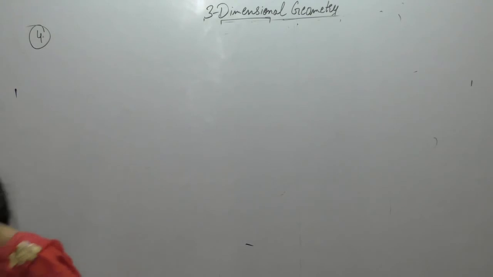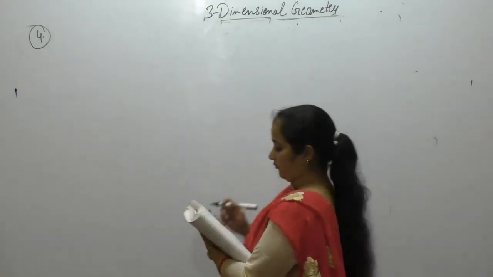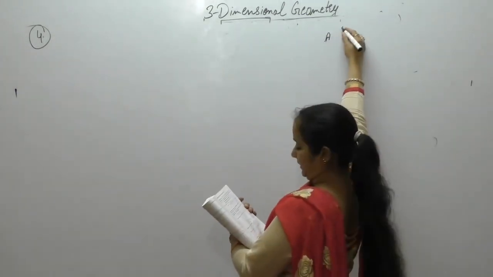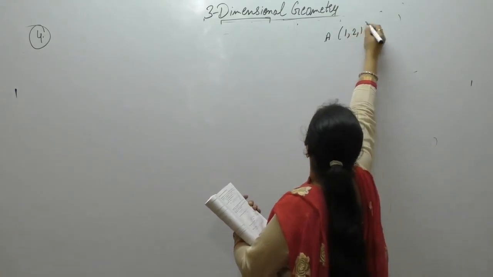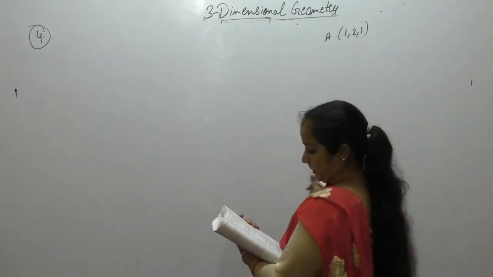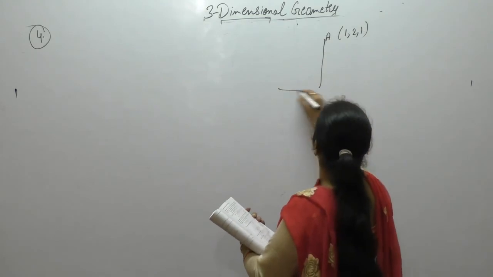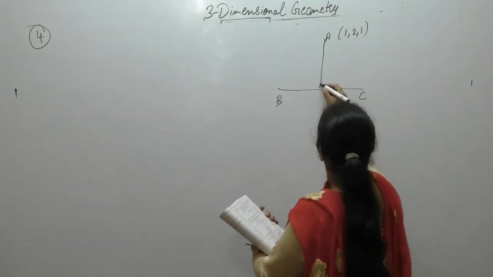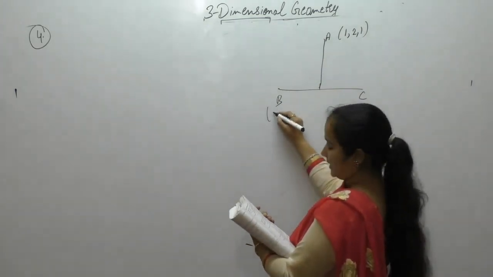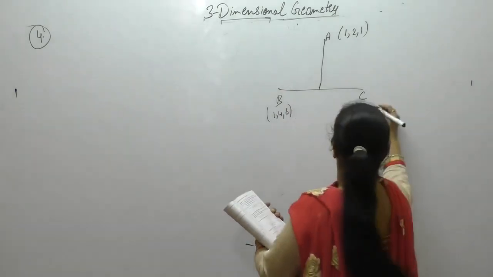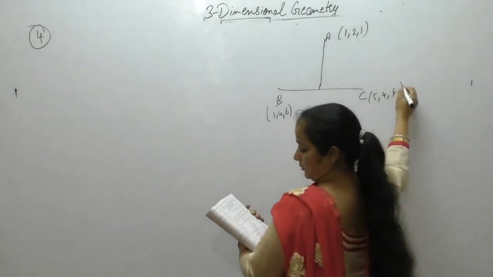Now the next: find the coordinates of the foot of the perpendicular drawn from the point A whose coordinates are 1, 2, 1 to the line joining B and C whose coordinates are 1, 4, 6 and 5, 4, 4.